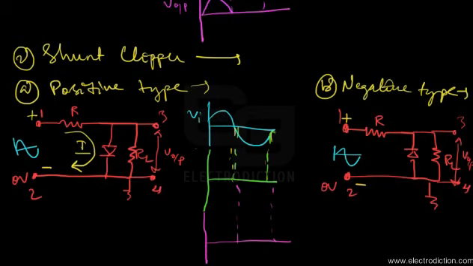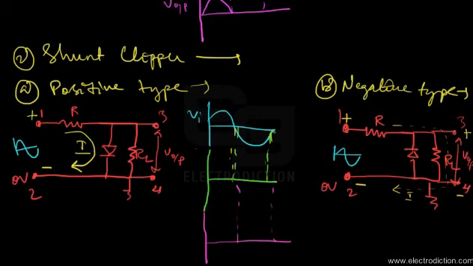The current flows through RL, resulting in a voltage drop across RL. The voltage drop across RL is in the same polarity as the applied input voltage, and thus the first half cycle of the input voltage is obtained across terminals 3 and 4.